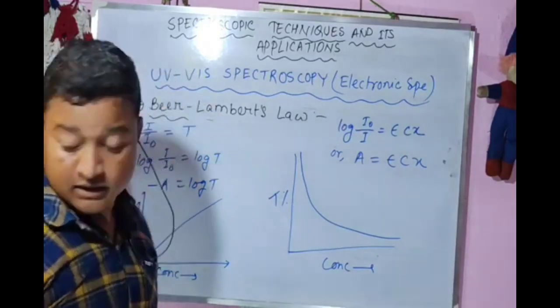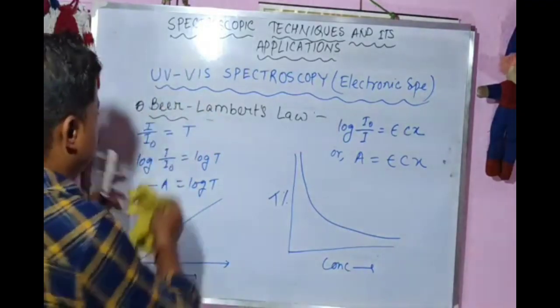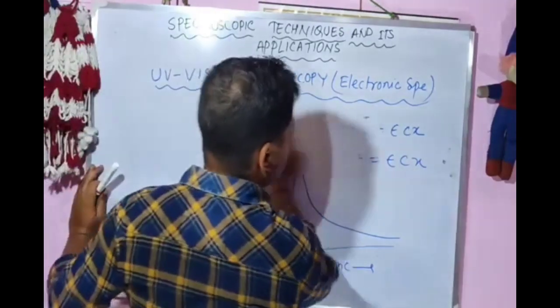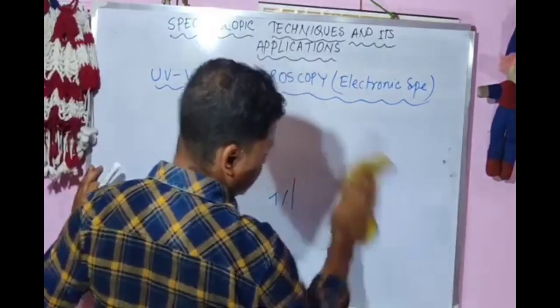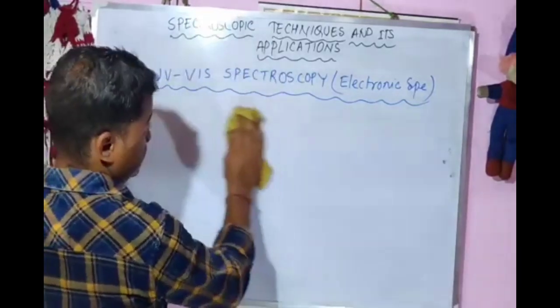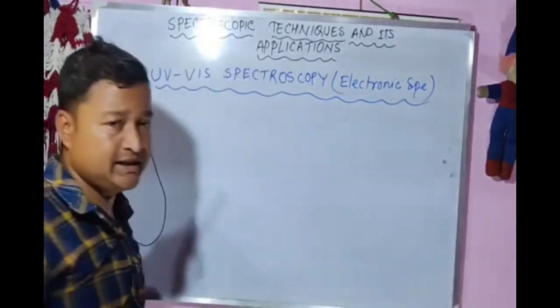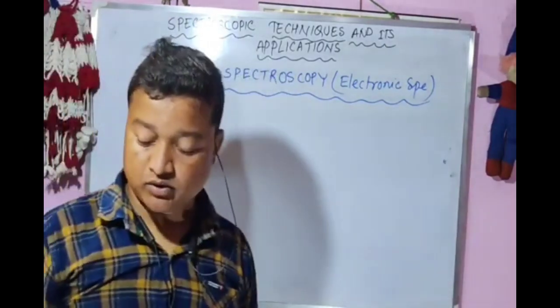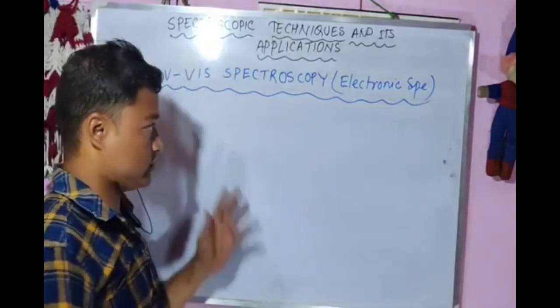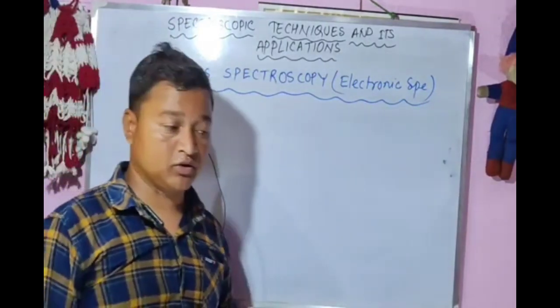Now we will discuss the main theme of UV visible spectroscopy, that is the theory of UV visible spectroscopy. So what happens in UV visible spectroscopy or electronic spectroscopy?